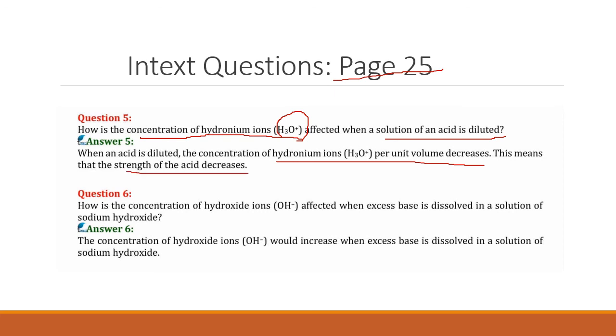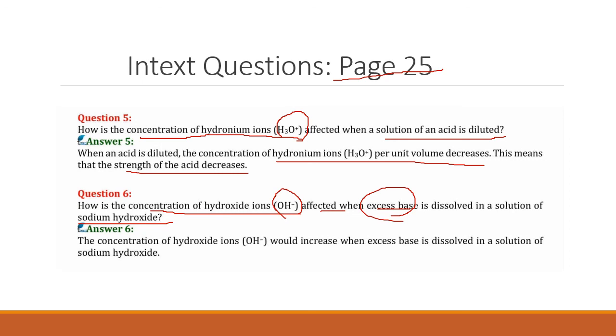Now question number 6: How is the concentration of hydroxide ion affected when excess base is dissolved in a solution of sodium hydroxide? Just understand the difference between the two questions, children. In question number 5, how the hydronium ion is affected by diluting the acid, whereas in question number 6, how the hydroxide ion is affected by adding excess base to the sodium hydroxide solution.